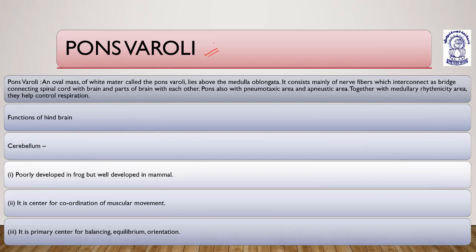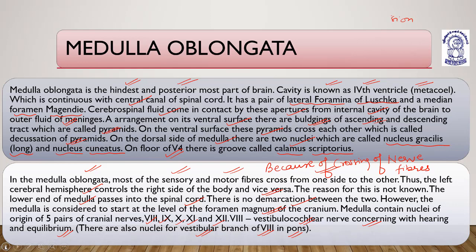In the medulla oblongata, the gray matter is arranged internally and the white matter is arranged externally. The main functions of the medulla oblongata are involuntary. They are the involuntary centers. I will write the names.